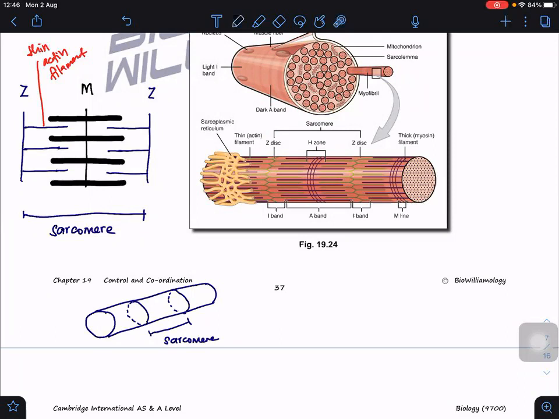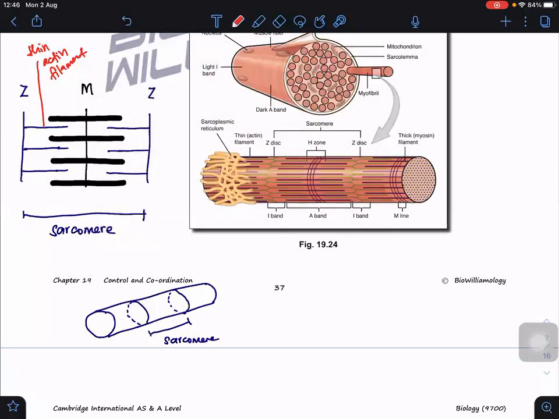Okay, so look at the structure. We have the Z lines, and the distance between the Z lines is the length of one sarcomere. Are you clear? At the center, the middle, M, is the one that holds the thick myosin filaments.